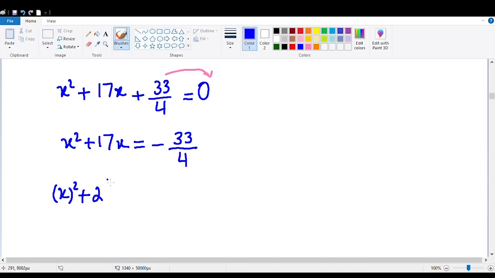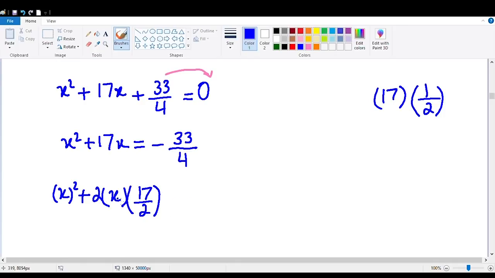So yeah, then we have the x term, which is x, and we have 17 as the coefficient of the x term, and basically that is going to help us get to the value of b. So we're going to multiply the coefficient of the x term, or basically of x, into 1 over 2, and we'll get 17 over 2.